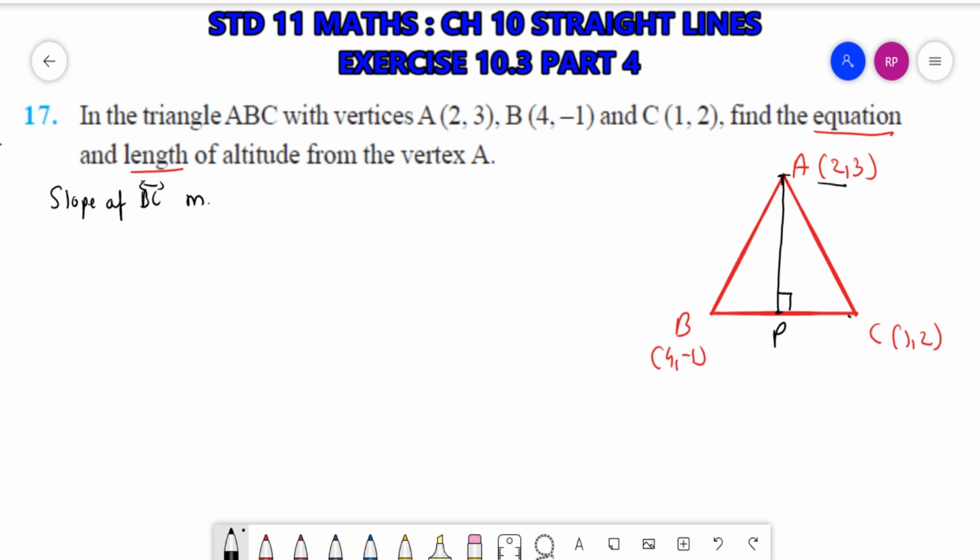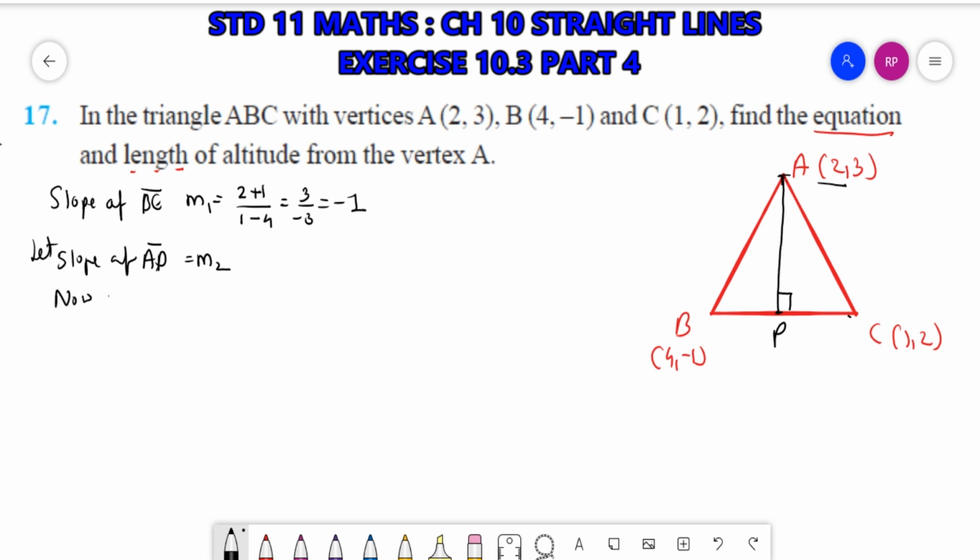Let's see, m1 equal to y2 minus y1, that means 2 minus minus 1, 2 plus 1, upon x2 minus x1, 1 minus 4, so this will be 3 upon minus 3. Slope of BC is minus 1. Okay, let's take line segments, not line. Now let the slope of AP be equal to m2.